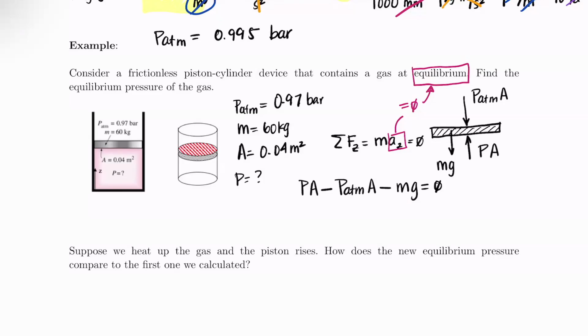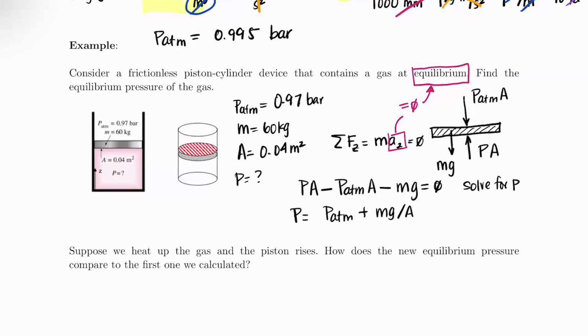All right. I'm going to divide this through by A, and then I'm going to move the P atmosphere and the mg term over to the right-hand side. So I'm going to solve this thing for P. So we have that P is equal to P atmosphere plus mg divided by A. Right?